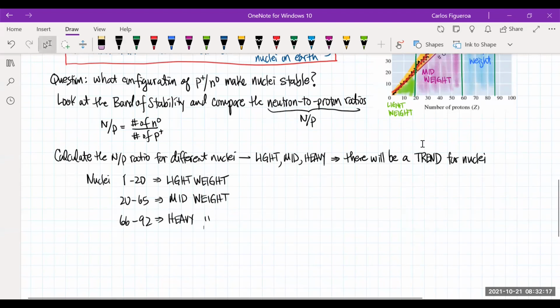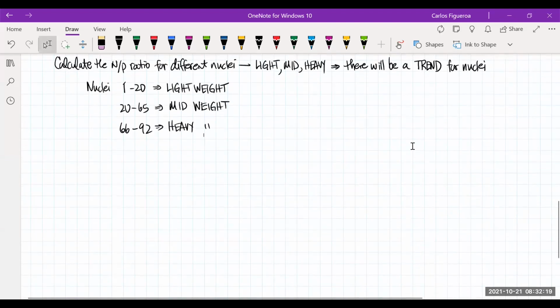So let's go look at these guys. What I did here is I selected objects in this region. I say objects, I really mean atoms, nuclei. The first one we want to look at is light nuclei.